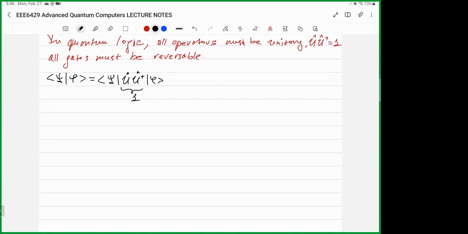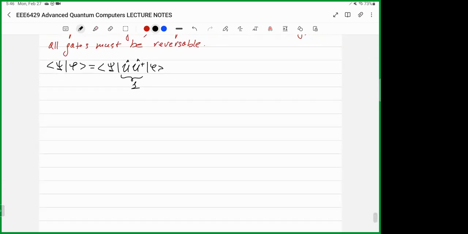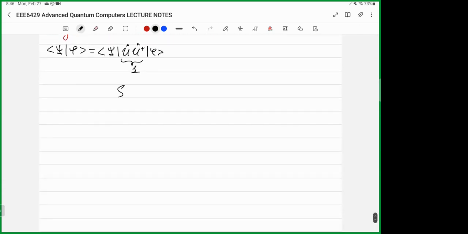So at this point, let's consider several single qubit gates. Single qubit gates. What does it mean?